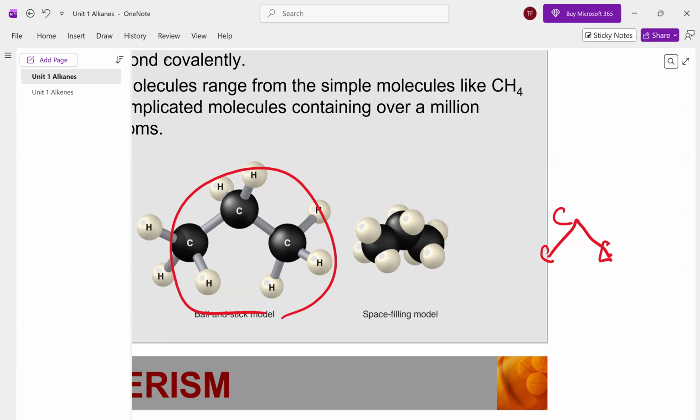Otherwise, you're going to be drawing this is not tracking. I need to do one correction.